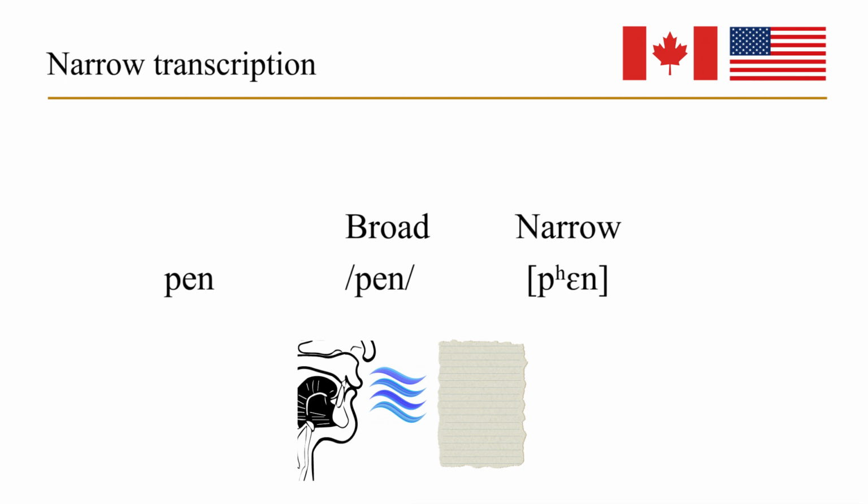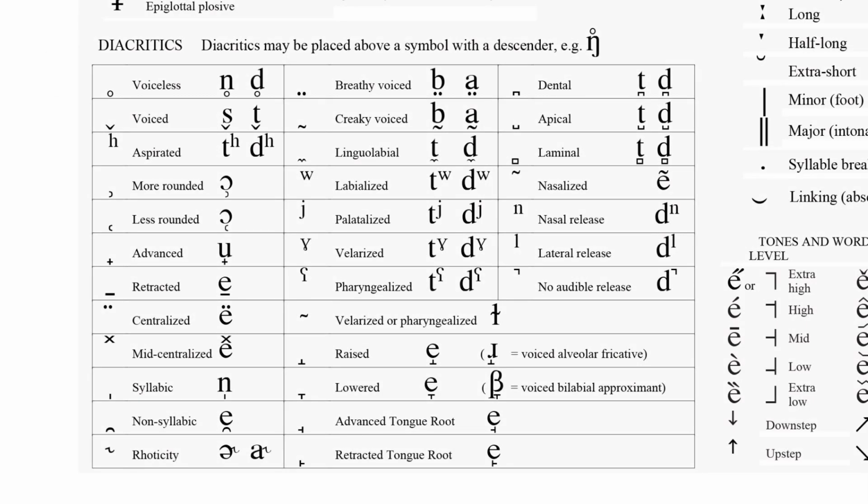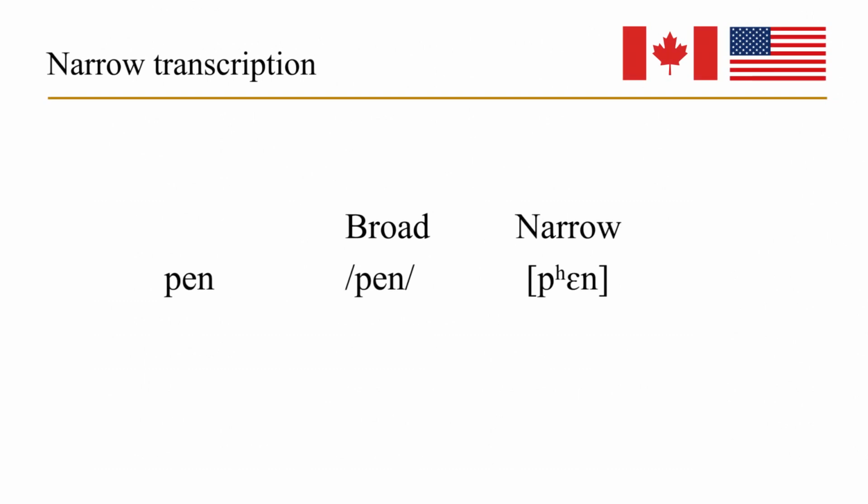This extra puff of air that is pronounced with p is indicated by using a diacritic, which you can find here. You see aspirated, and it's put there. So this is an aspirated t. In English, p in pen is aspirated.